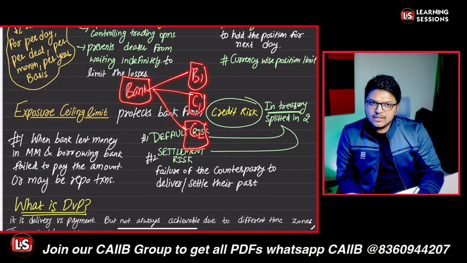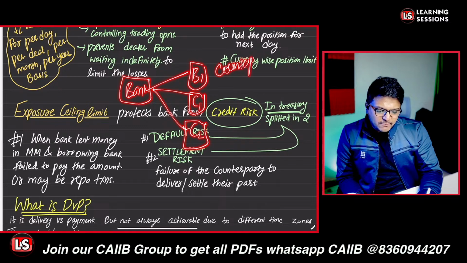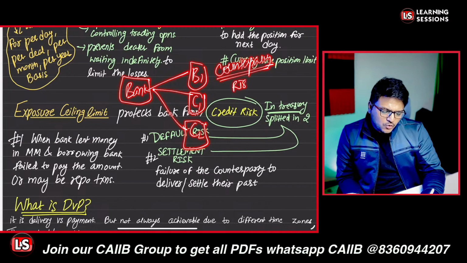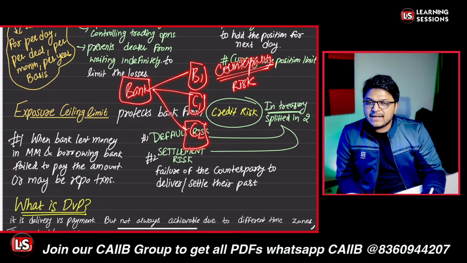That is why a credit risk type, counterparty risk, is present. Counterparty risk is related to when the counterparty is not able to fulfill their obligations. That is a default risk, which may be present in particular treasury transactions. That is why exposure ceiling limits protect the bank from counterparty risk.